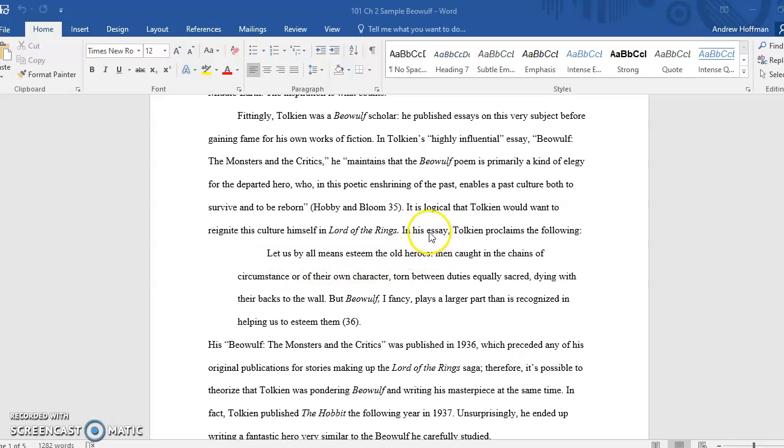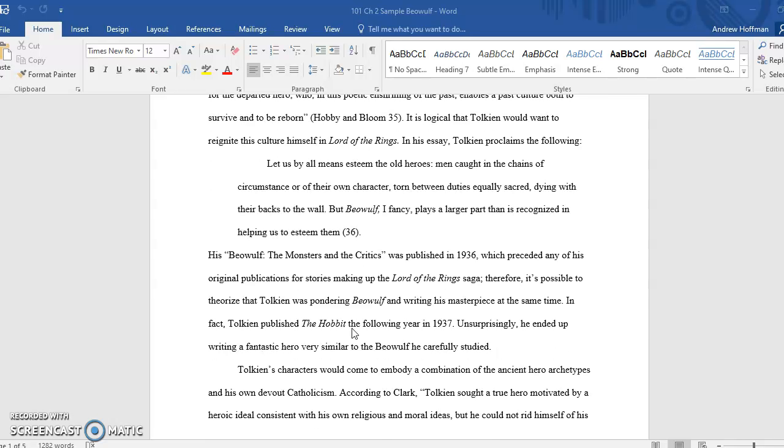You always have some sort of introduction to the indented quote. In his essay, Tolkien proclaims the following. And typically there is a colon, which is used to introduce this kind of a quote. Not a comma. Page number 36.